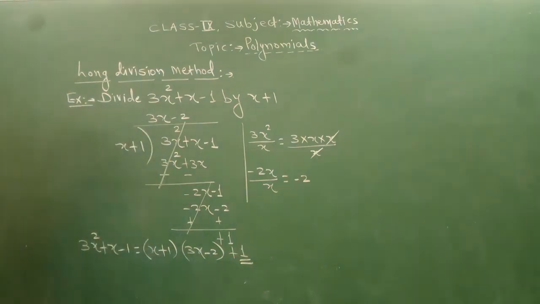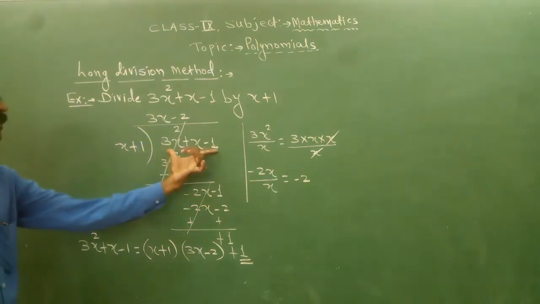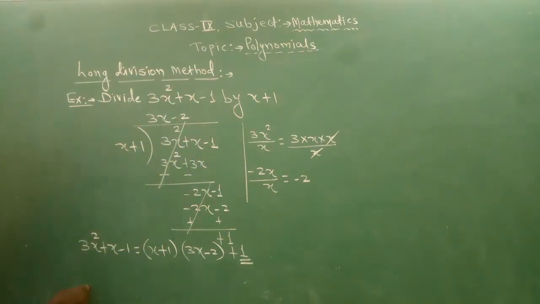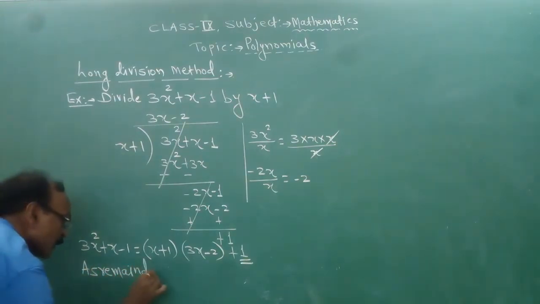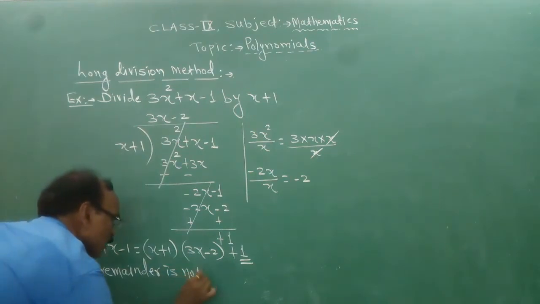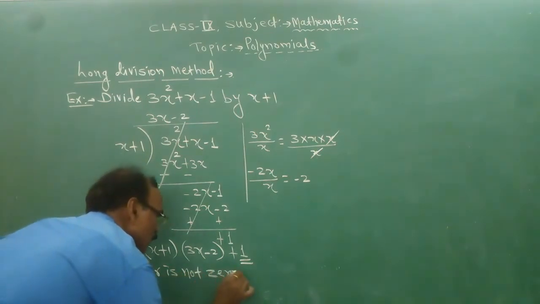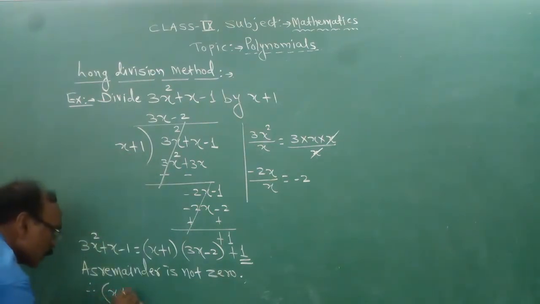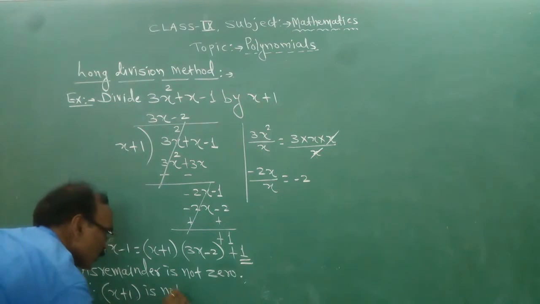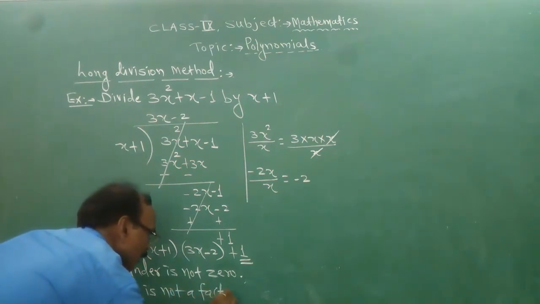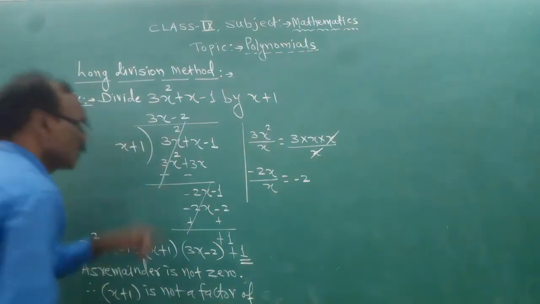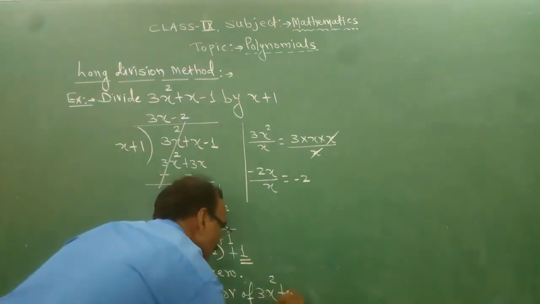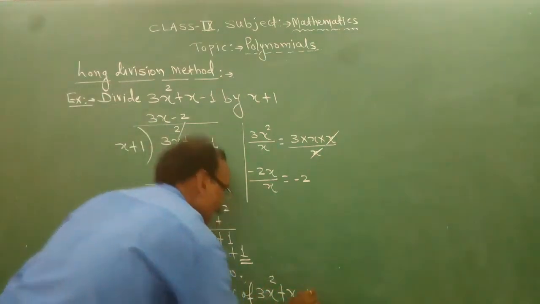As this remainder is not 0, therefore x plus 1 is not a factor of this 3x square plus x minus 1.